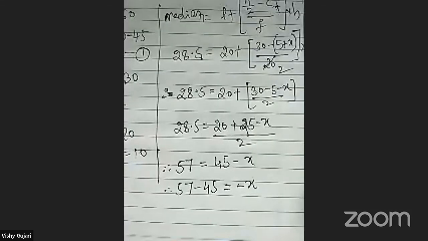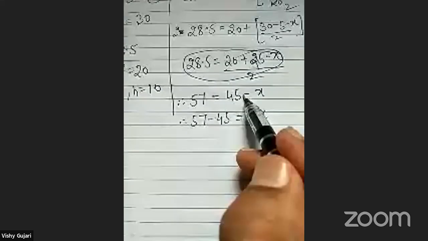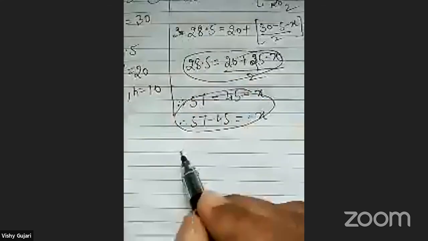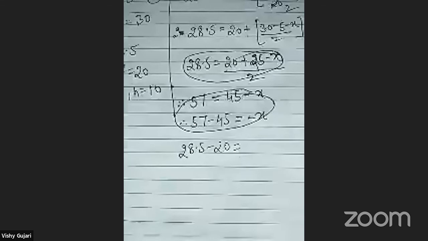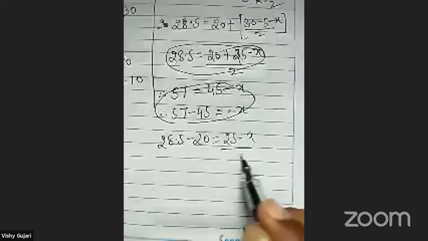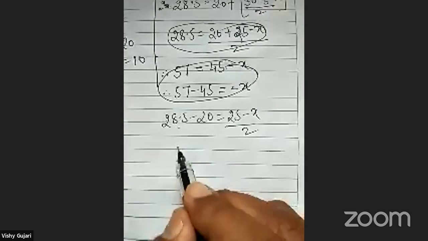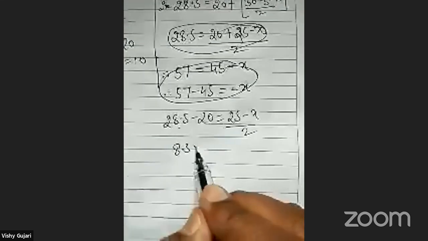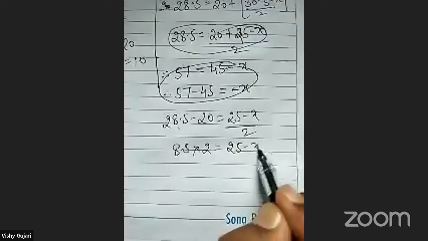Check now. 28.5 minus 20 is equal to 25 minus x by 2. What are you getting? 8.5 into 2 is equal to 25 minus x.